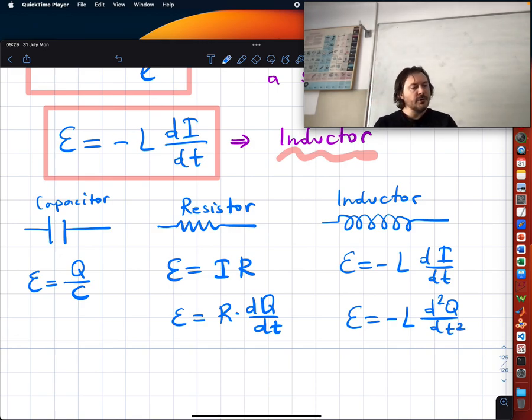So if you remember earlier, we made an analogy with mechanical systems in RC circuits, and we said to think about this one moving inside honey because it didn't have inertia. Well, now we have the inertia term. What does inertia tell you? Inertia tells you that if something is moving, it wants to keep moving. Or if something is not moving, it wants to keep not moving. That's what inertia is, right?